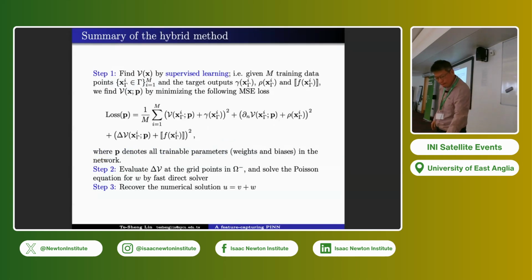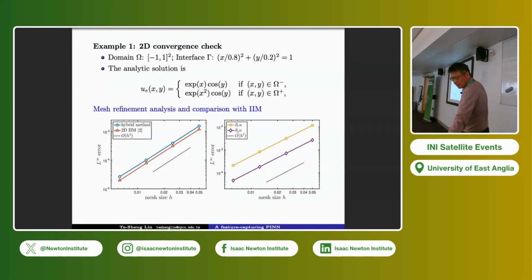This is the loss function for the singular part. Again, we use PINNs, so that's the constraint we want to satisfy. We put it here, here, and here, and we train this neural network. Once we find the singular part, we just combine them together.